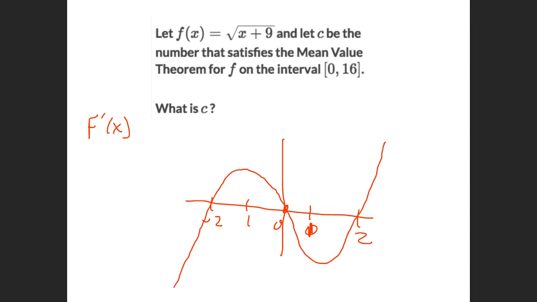All right, there's my derivative graph. What intervals is the original function? We don't know anything about the original function, right? All I know is that's the graph right here. Where is the original function increasing? What intervals?